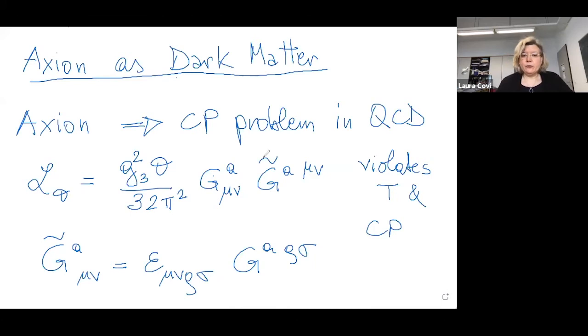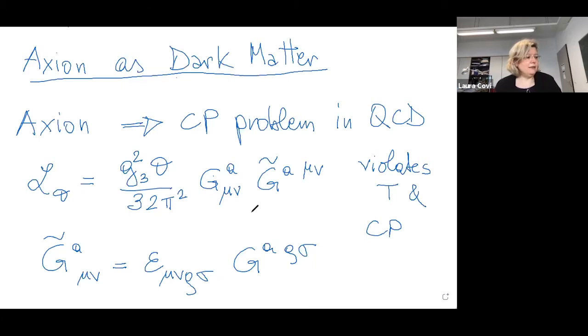Now, this term is also gauge invariant. You have here the trace, so it's the sum over A, which tells you it's a gauge invariant term, so there is no reason why you cannot add it to the QCD Lagrangian. And the problem is that once you add it to the QCD Lagrangian, you automatically open the door to the breaking of CP in the QCD sector.